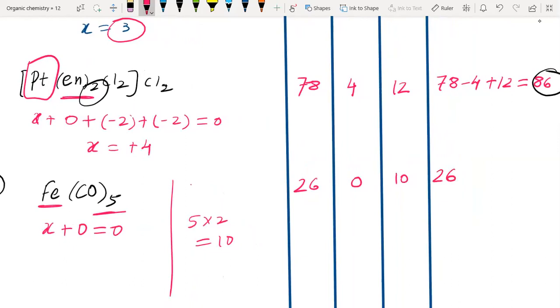Calculation: 26 minus 0 plus 10. Yeah, here it is 10, I wrote it by mistake. So the final answer is 36.